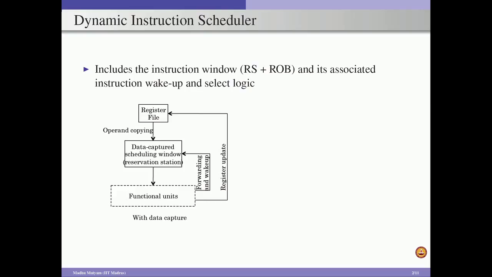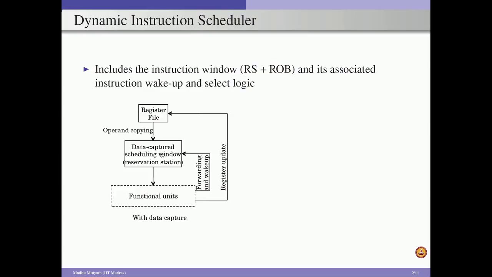Once the values are available for the instruction which is waiting in the reservation station, then we can issue this instruction to the functional unit. In order to know when to issue the instruction that is waiting in the reservation station to the functional unit, we use this wake up logic. Remember, the wake up signal is just passing the register tag to the reservation station.